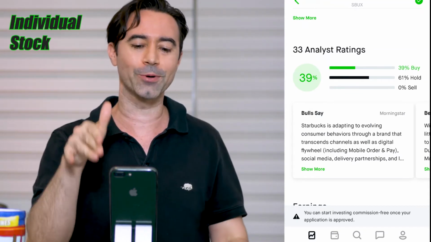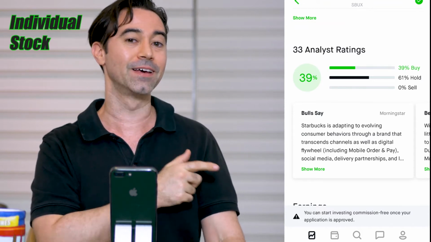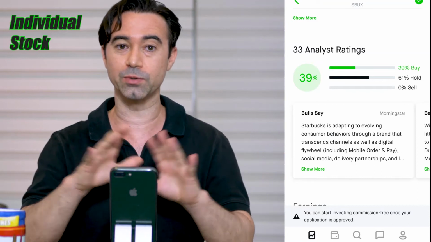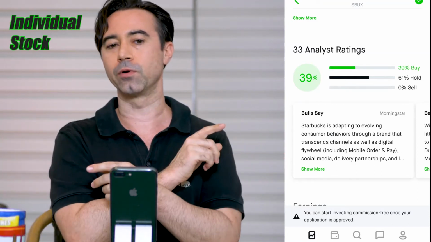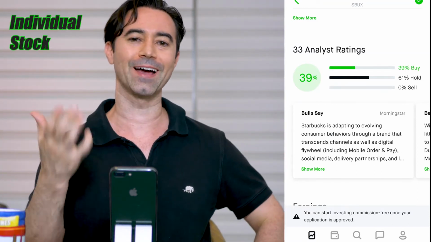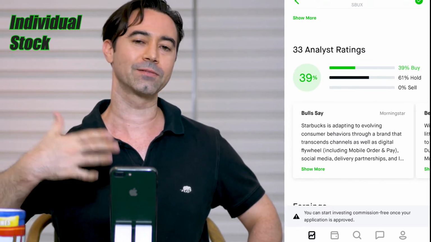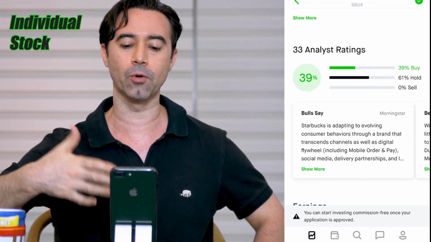Maybe you don't care about what the analysts say because you're going to make your own analyst report, right? You're going to do it yourself. But for most people, they're not going to do that. They're going to try to rely on what the analysts are saying because it's actually a kind of good thing when you're starting to know what these people are saying.